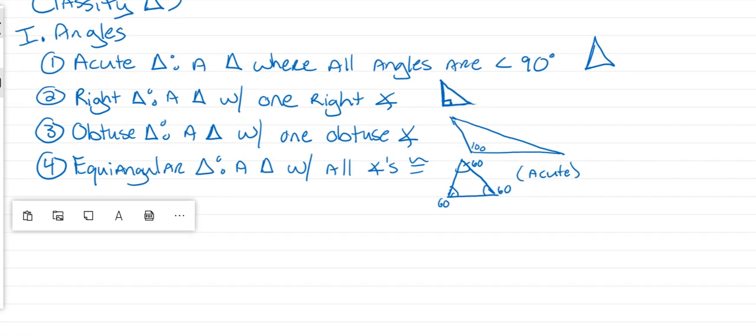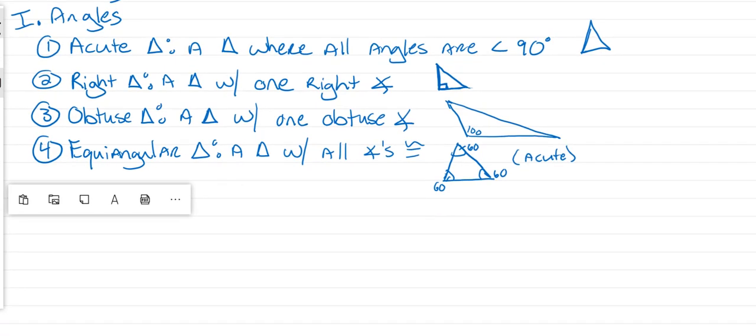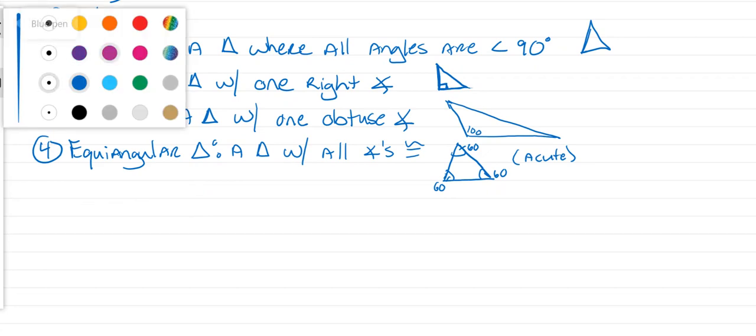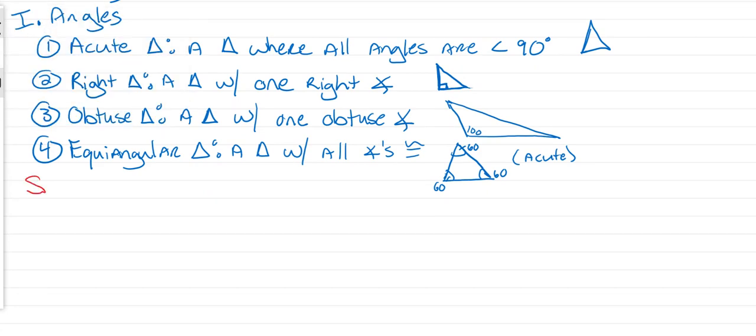All right, the second way to classify triangles is going to be by their sides. And when it comes to classifying them by the sides, there are also three options. The first is scalene.